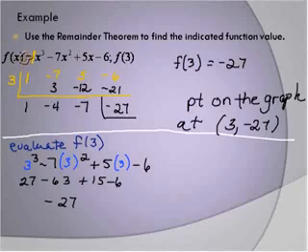We can graph x cubed minus 7x squared plus 5x minus 6, and if we were to graph that, we would see that the graph would go through the point 3, -27 on the coordinate plane. The 3 is the x value. The remainder is the y value. So it is a point on the graph, and that will help you as we work through this lesson and the next lesson.